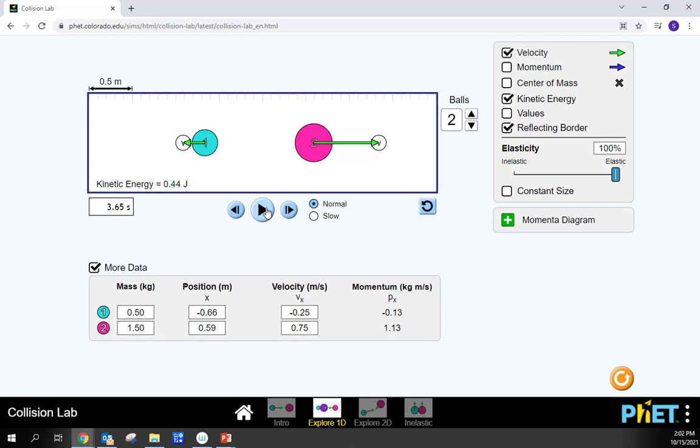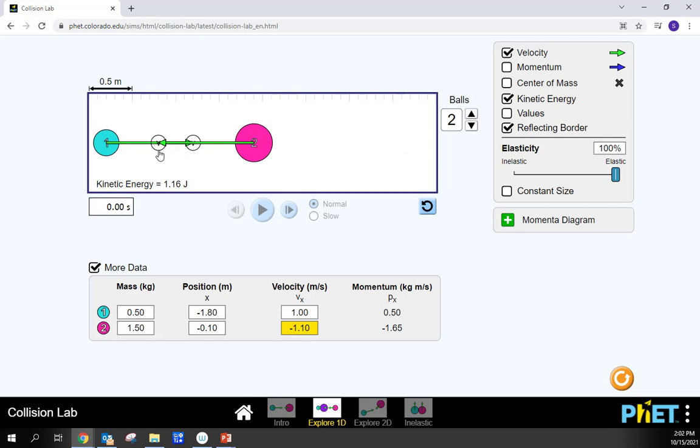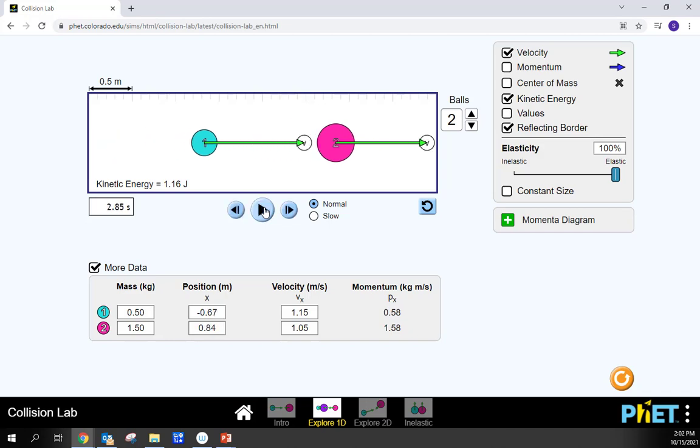So for example, I can increase the initial velocity of object 2, making the kinetic energy now 1.16 joules. If I again click play, oh, apparently it can collide with the edge too. Who knew? Regardless of what it did, it's still at 1.16 joules, as long as I keep everything elastic.